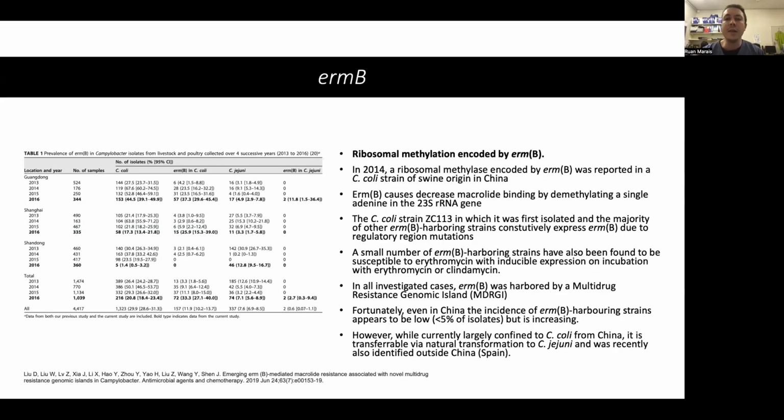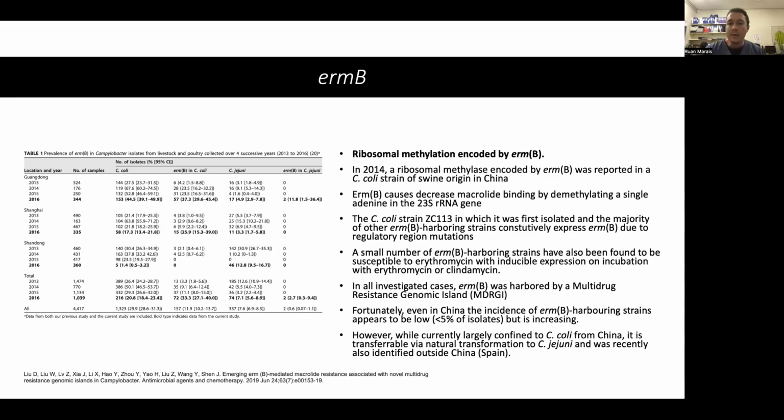So the gene, the emerging resistance mechanism for macrolides, which is quite important, I'll talk about now. So in 2014, this gene, a ribosomal methylase encoded by B, was first reported in China, associated with Campylobacter coli.